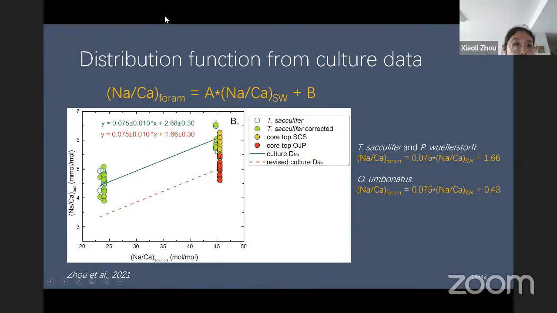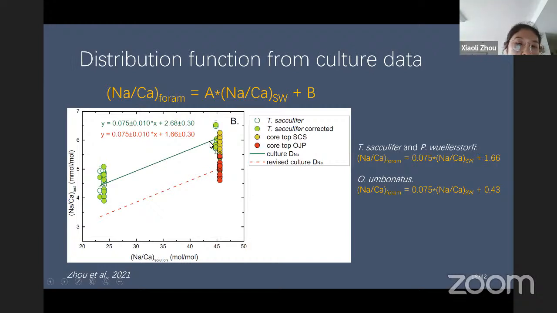Before we apply this proxy to the downcore records, we have to find out the calibration function of sodium-calcium. This is the data I showed you before for the culture experiments for sacculifer. The green dots are directly from the culture experiments. We can't directly apply this equation to the downcore because we observed an offset between our core top values and the culture values.